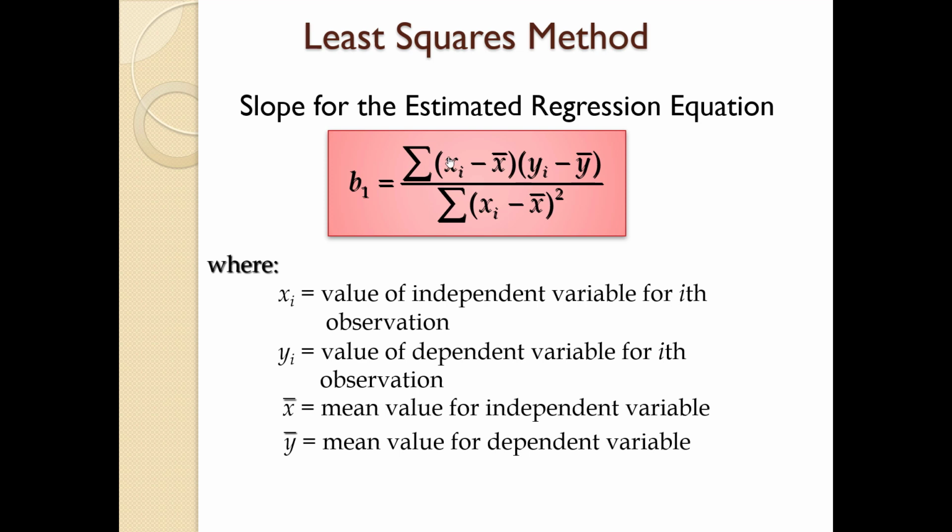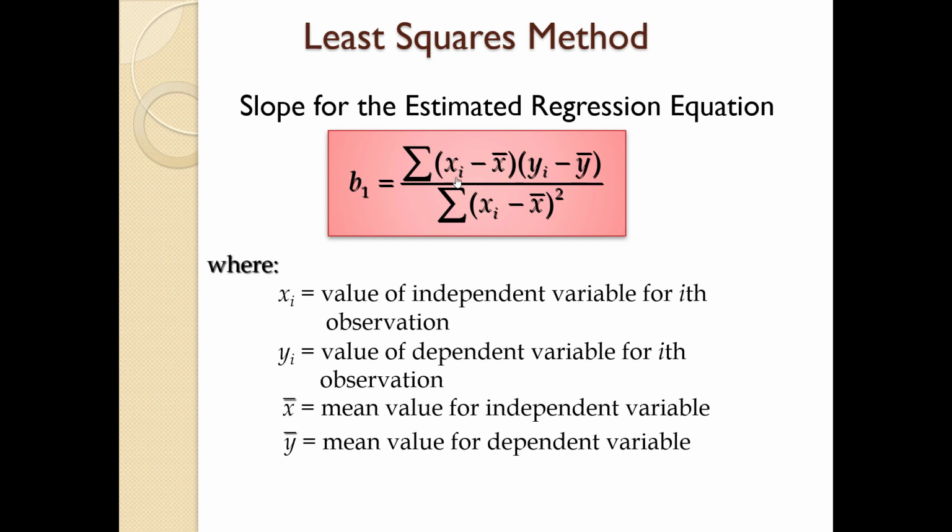Same story if x is negative, i.e. below average, and y is negative, i.e. below average. Then they're both below their respective averages at the same time, which says it's a positive relationship, because when one is low, the other one is also low. So we can see they're moving together.